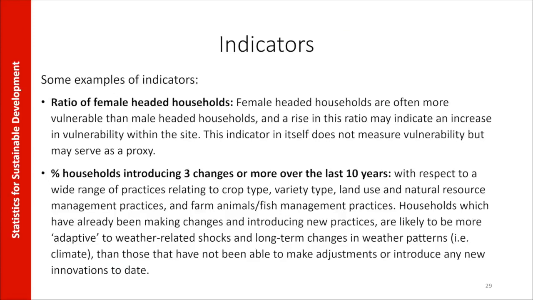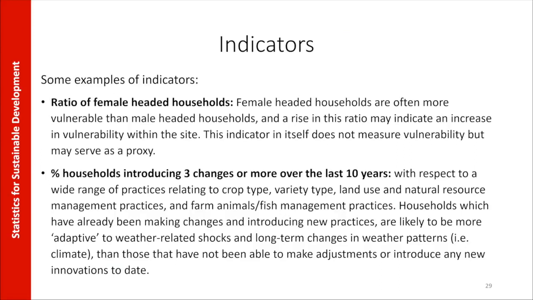We probably are not really interested in this per se, but the percentage of female-headed households is a good proxy for vulnerability. Usually female-headed households are more vulnerable than male-headed households. If we want to understand vulnerability, this is an interesting indicator.